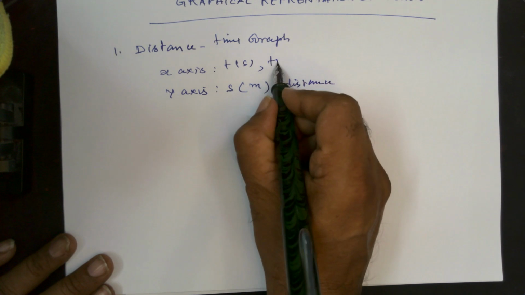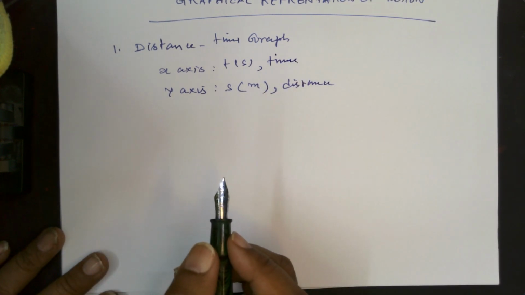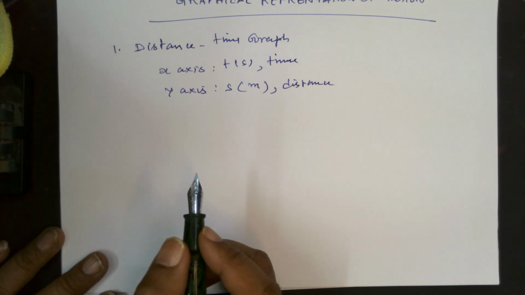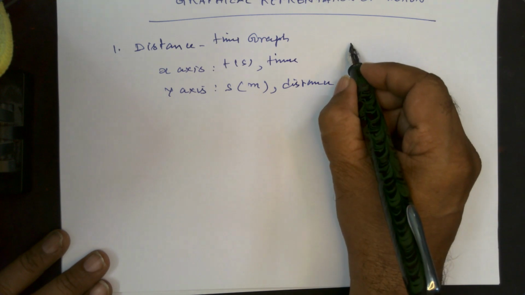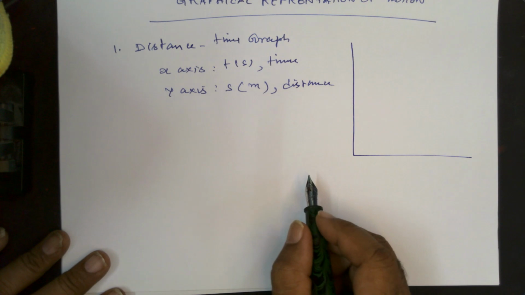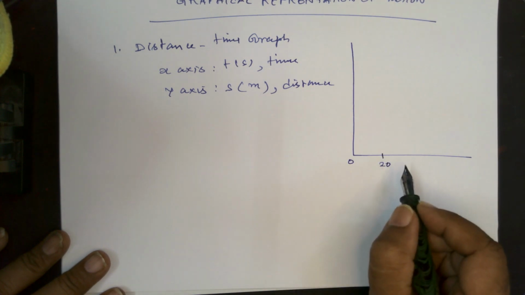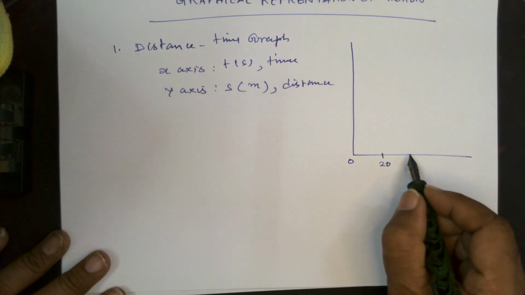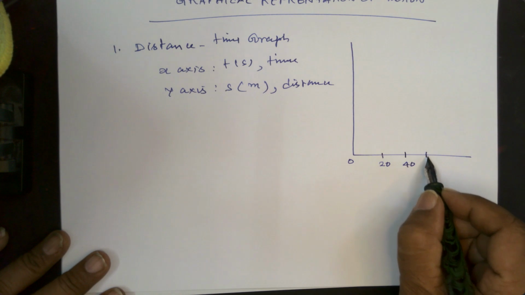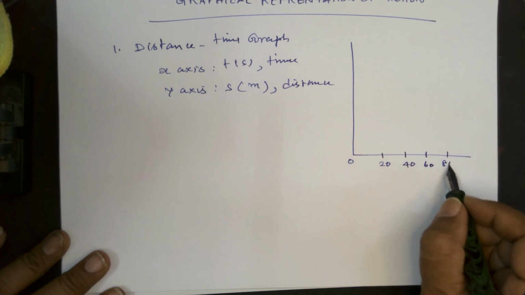So this is time. Now let us draw the graph. Say this is 0 origin, 20 minutes we will take, 40 minutes, 60 minutes, 80 minutes, like that it goes.